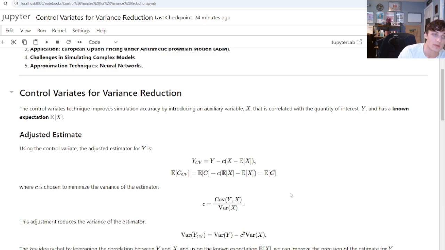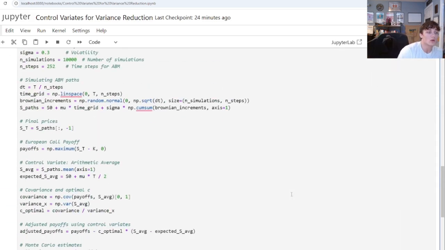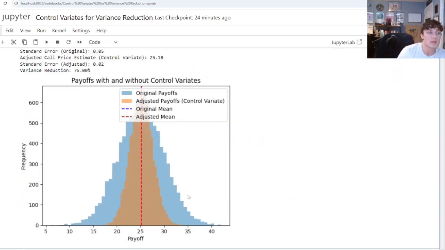That's what we're looking for. So when we come down here, that orange density is not the same as the blue density in the sense that it is our control variate distribution. The original payoffs is the blue distribution, but you'll notice that the expectation is the same, but variance reduction is achieved.